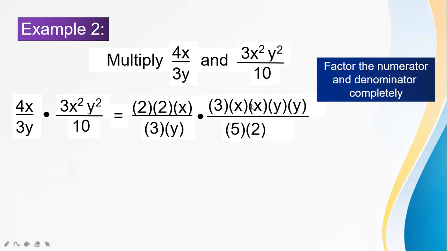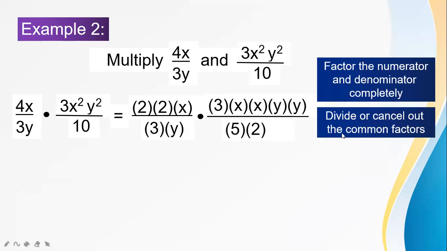The factors of 3x squared y squared are 3, x, x, y, then y. Then 10 is 5 times 2. Then 3y, and 4x is 2, 2, then x. Next, we have divide or cancel out the common factors.